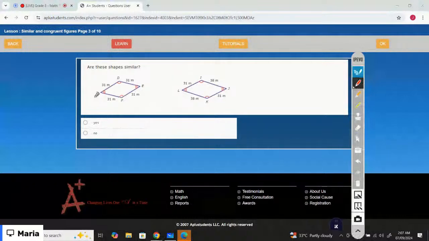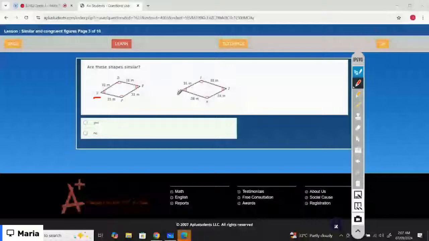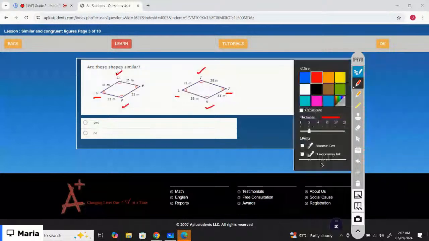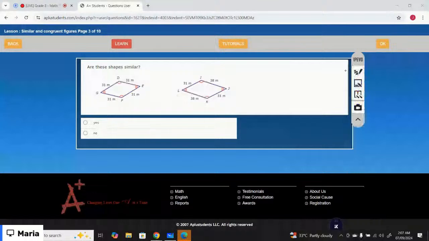Angle is congruent to angle L. Angle E is congruent to angle J. Angle L is congruent to angle I. And angle F is congruent to angle K. Now let's look at whether their sides have the same ratio. So GD is... the correct option is no.